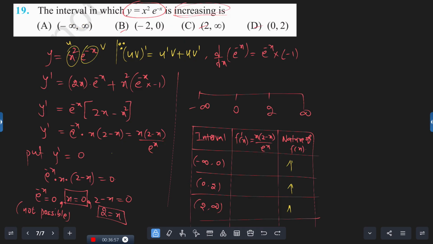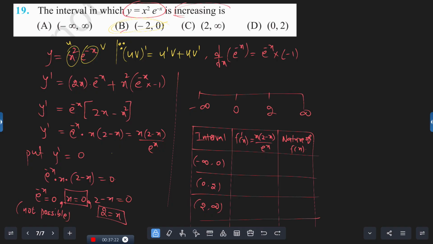If you get increasing everywhere, then the first option is possible. Now the second is minus 2 to infinity. There is no minus 2 for us. Have you noticed? Everything is plus. So option B, no. So 2 to infinity is possible, 0 to 2 is possible. So except B, 3 cases are possible. Shall we check everything?